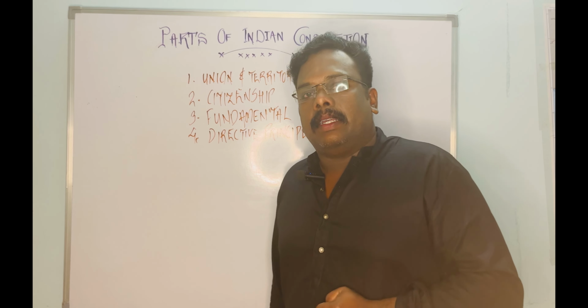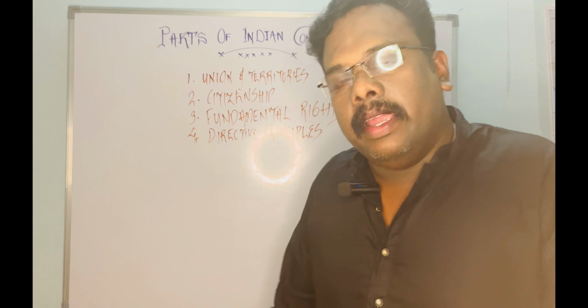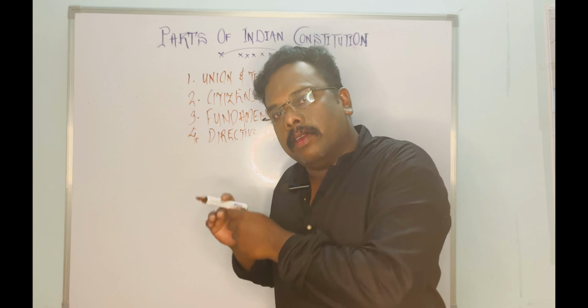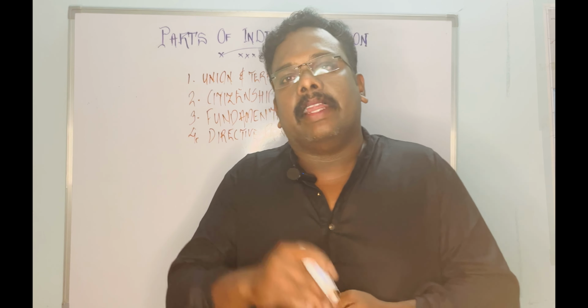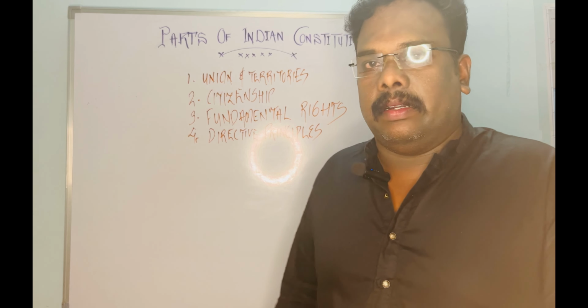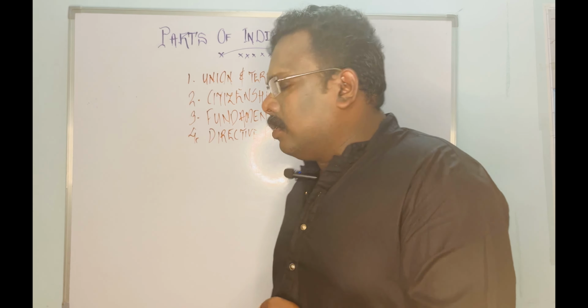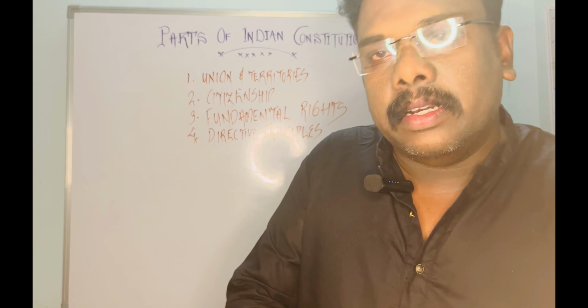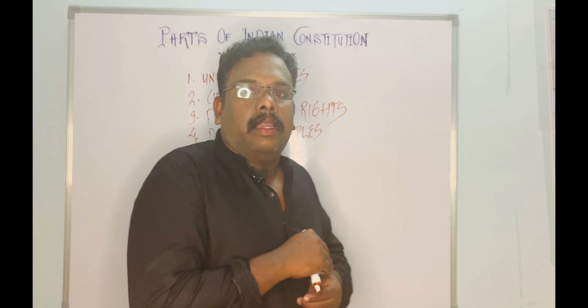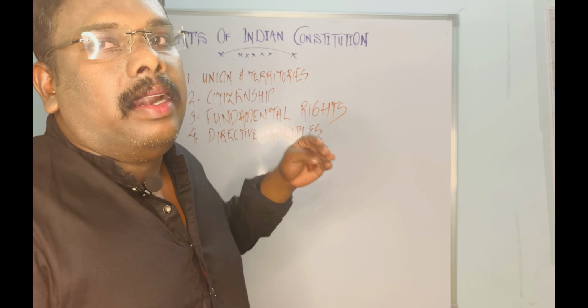I told you that originally only 22 parts were there in our constitution. Later, 4 parts were included in the constitution. So there will be a question. If we want to add one new part to the present constitution, where will we add that part?